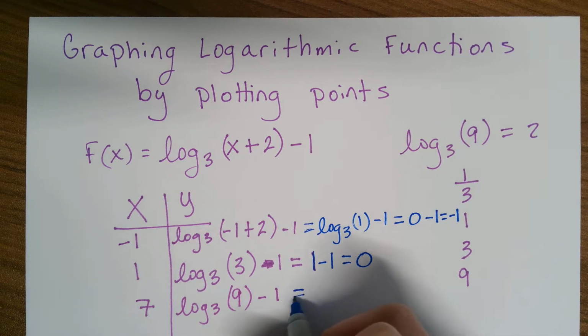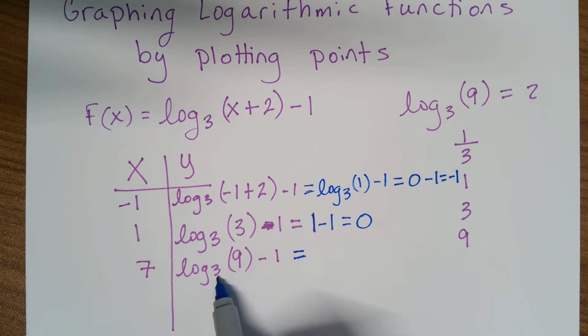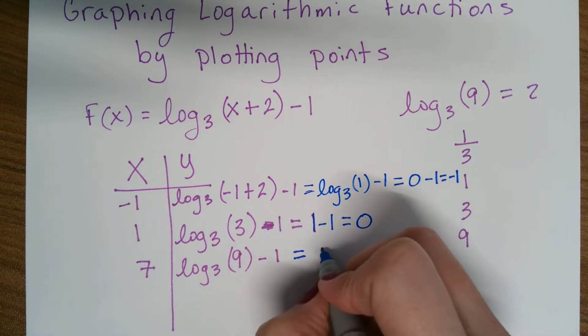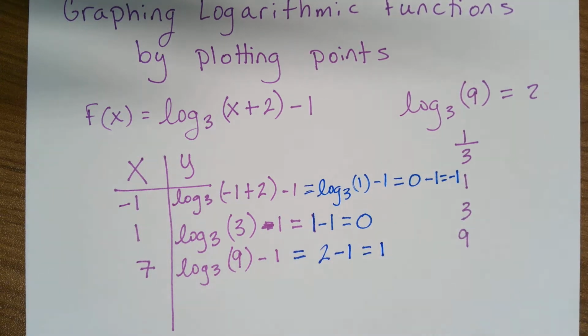So I can evaluate log base 3 of 9. Again, 3 to what power would give me 9? The answer is 2. So log base 3 of 9 is 2, and then I have this -1 out here. So I get 1.